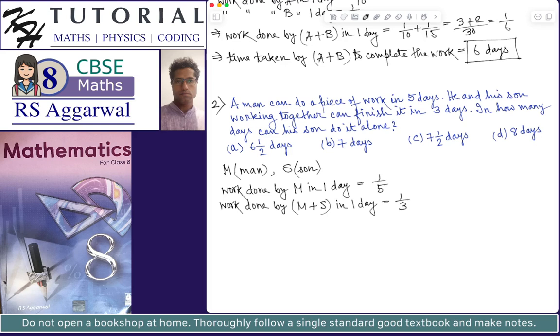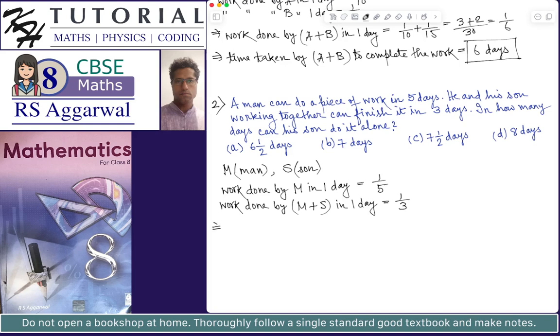Since it is given the man and the son together can finish the work in 3 days, using the first general rule, we can say that in 1 day the man and the son together will do 1 by 3 part of the total work. That is, the work done in 1 day by M plus S is 1 by 3.